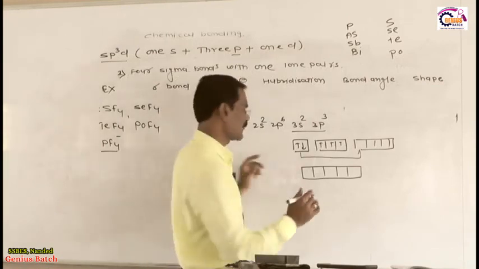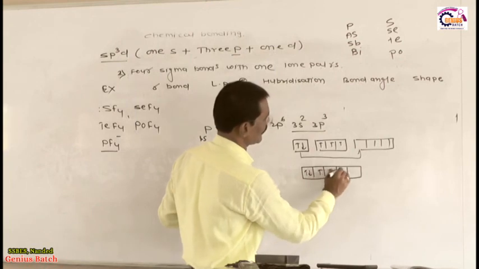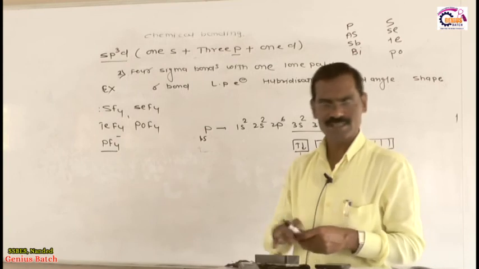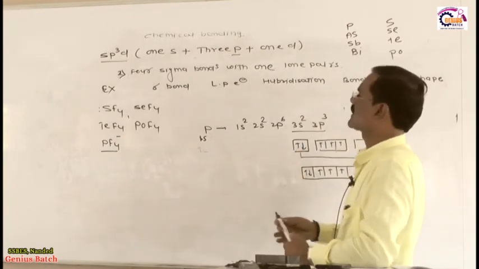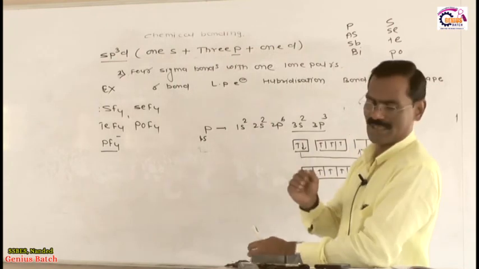Out of these 5 orbitals, 1 orbital has a lone pair of electrons, 3 orbitals contain unpaired electrons, and the 4th d orbital is 100% empty. These are the very interesting concepts related to this hybridization phenomenon, which is called sp3d hybridization.